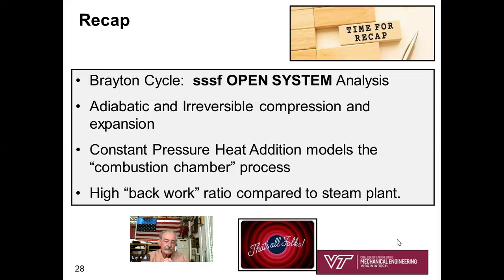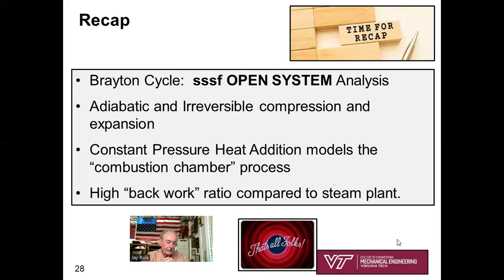Thus, we're dealing with enthalpies, H, instead of U, and many students overlook that very important fact. We've got adiabatic and irreversible compression and expansion in the compressor and turbine sections. For this example I used, the constant pressure heat addition models the combustion chamber process of a real gas turbine engine.